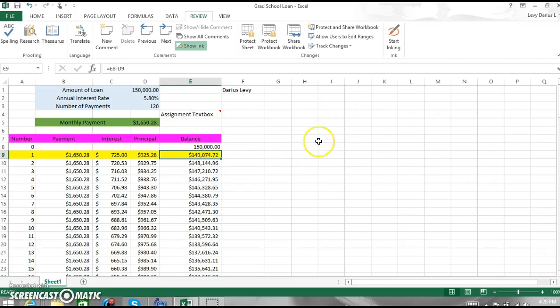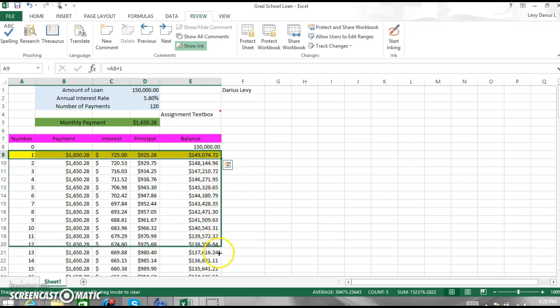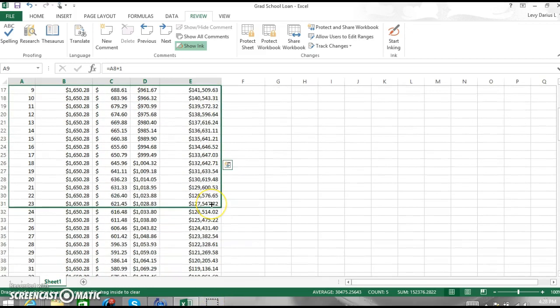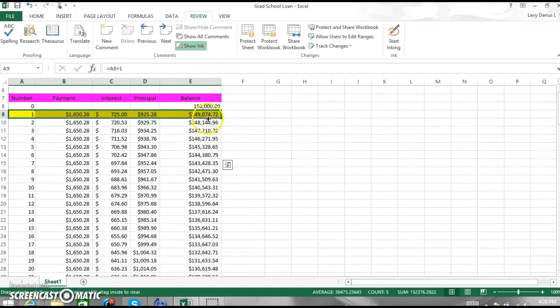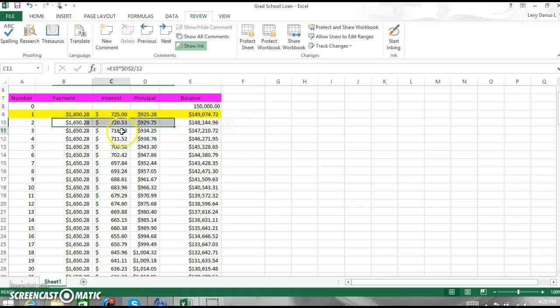Also, like I said, once you get it one time, you can slide it down, and as far as you go down, it will calculate it all the way for you if you put in the right equations at the top.